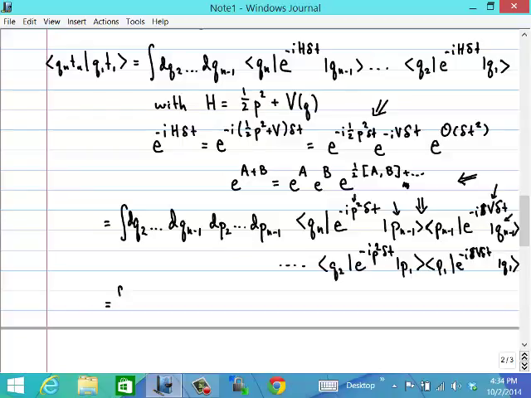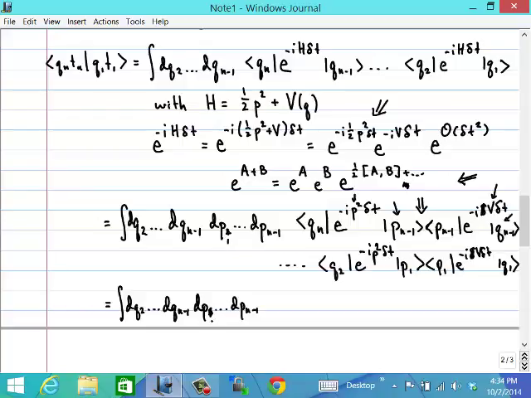Okay, so I get an integral dq2 up to dq n minus 1, along with an integral dp2 to dp n minus 1. Actually, I suppose it's an integral dp1 up to dp n minus 1, isn't it? Because I have to insert n minus 1 momentum states, not n minus 2 here.